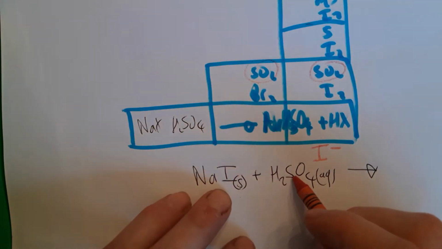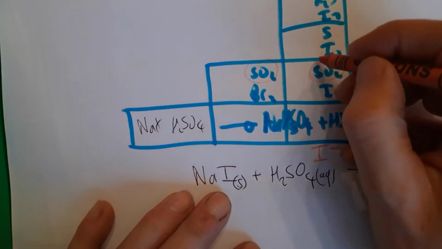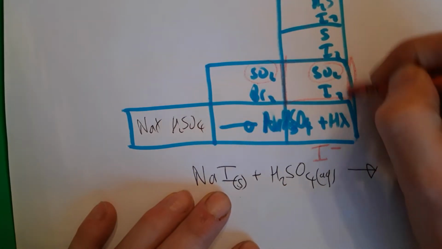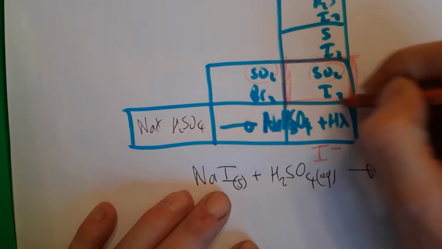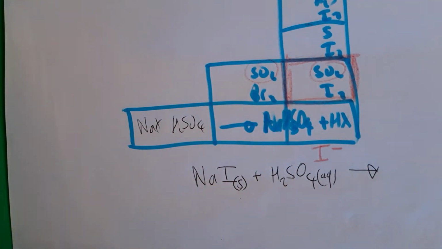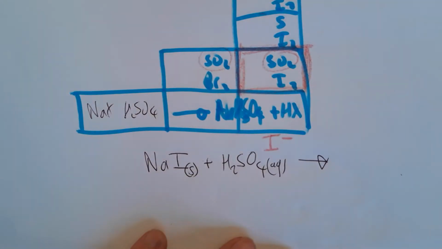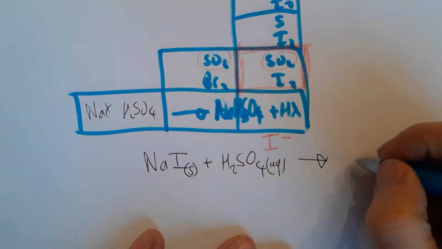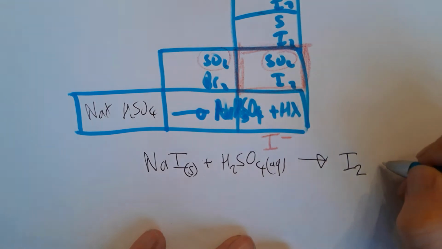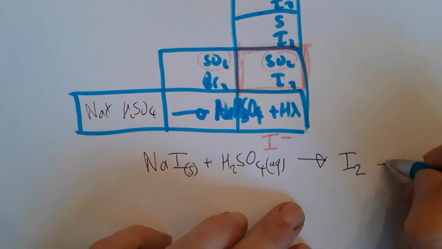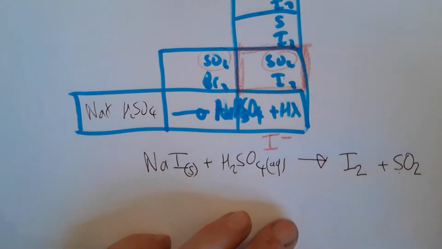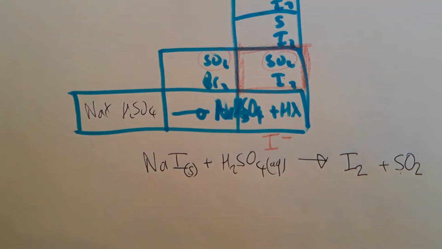So sodium iodide reacting with H2SO4 making a choking gas is asking you to write an equation to represent the changes in this box. Well, you could write an equation by going like this and saying NaI plus H2SO4 makes I2, because that's here, plus SO2. But the problem is you're not going to get the right answer very easily.